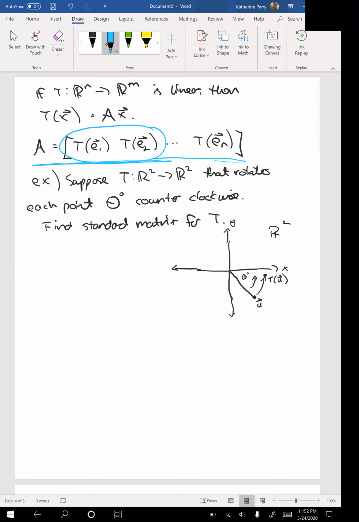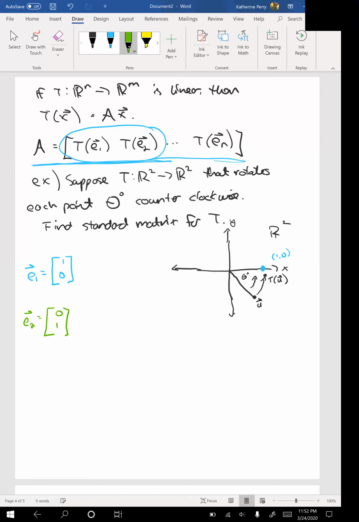E1 in this instance is equal to (1, 0), since we're in R2, and I can think of this as the point (1, 0). And E2, I can think of that as (0, 1).